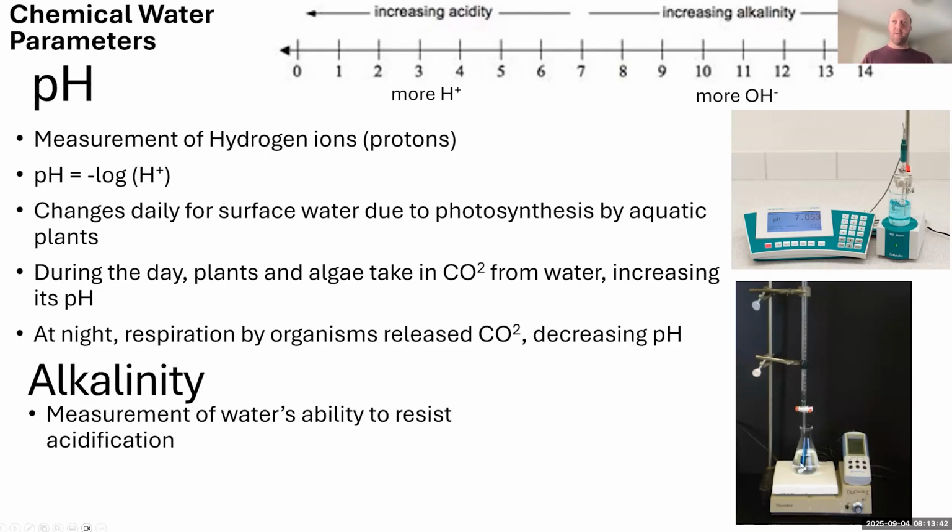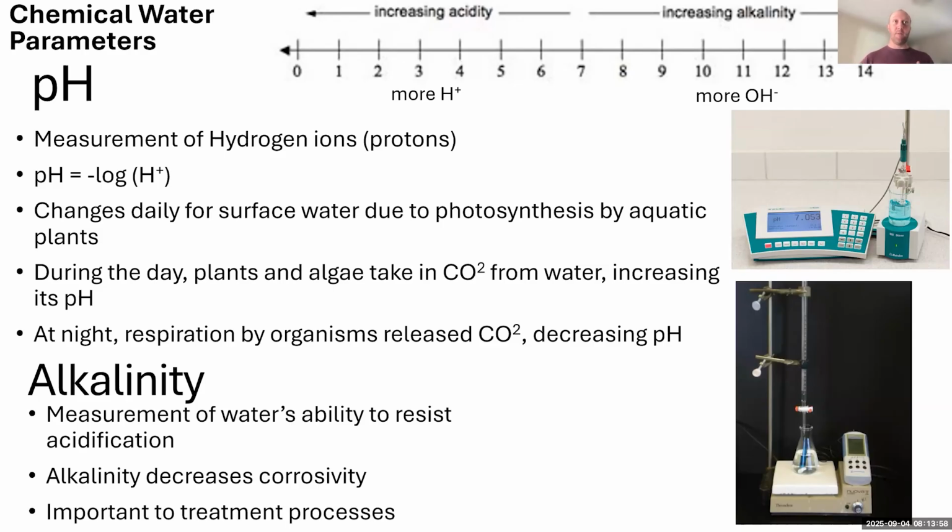When you get to that pH, there's an indicator in there that will turn it pink or purple or something. This is important because the more alkalinity there is in water, the less corrosion there is, and the molecules and the stuff dissolved in there are also important for treatment processes.